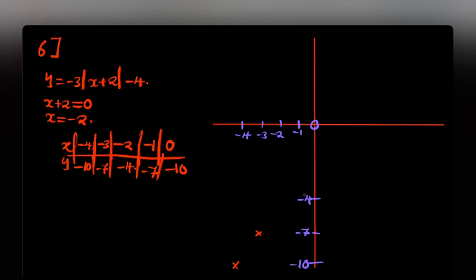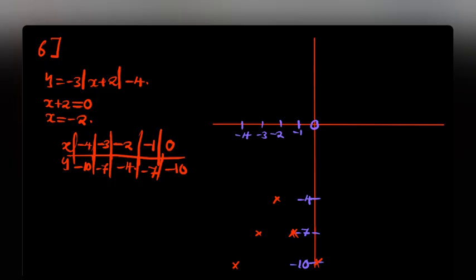Then negative 2 comma negative 4, that's where we have our vertex right here. Then from this point, our graph will start going down. So we have negative 1 comma negative 7, a point there, and 0 comma negative 10. So this is what we have.